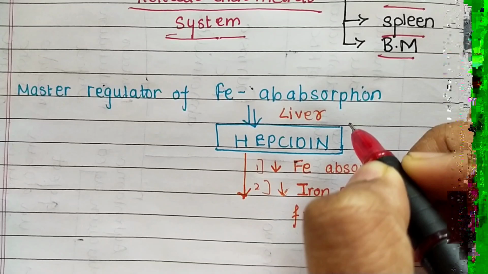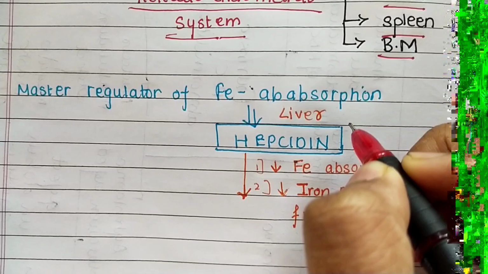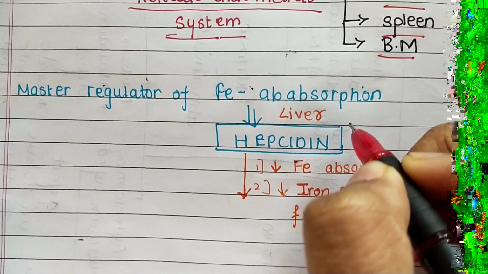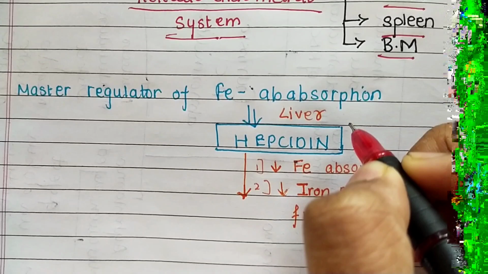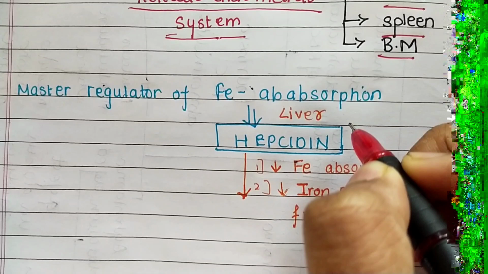It also decreases the iron mobilization from the storage site. So hepcidin is the most important component in decreasing iron absorption, which causes iron deficiency anemia.